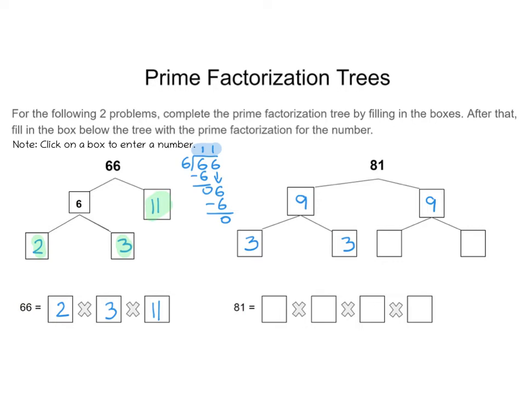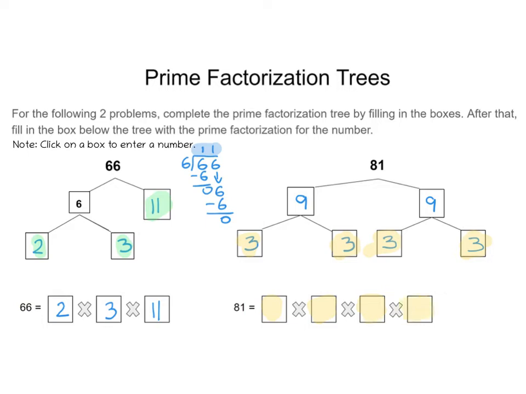The next number is also 9, so I'm going to have exactly the same two numbers underneath, which is 3 times 3. 3 is a prime factor. I cannot split 3 into any other numbers. There are no smaller numbers that can divide 3 except 3 and 1, and 1 is not a prime number, so we're not interested in 1. So these are the prime factors of 81.